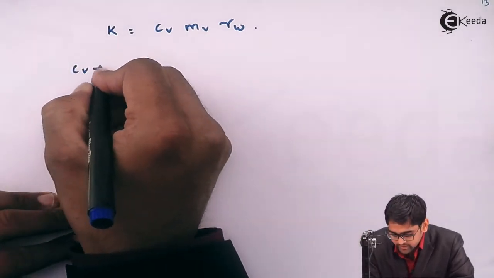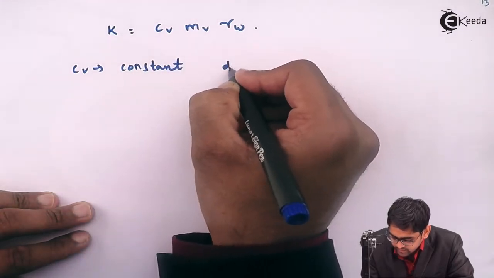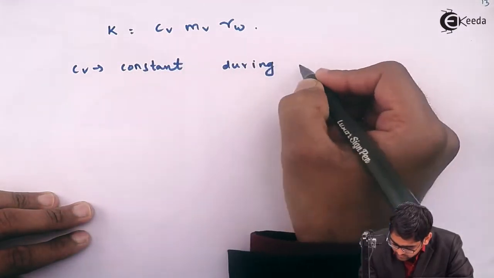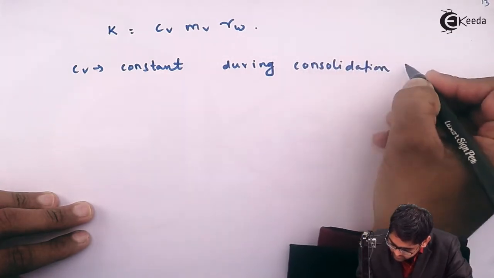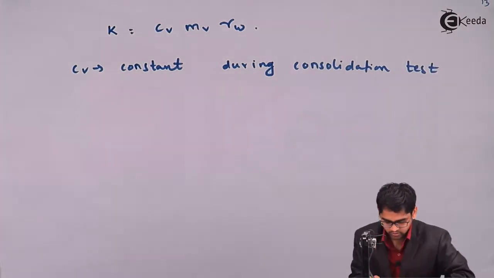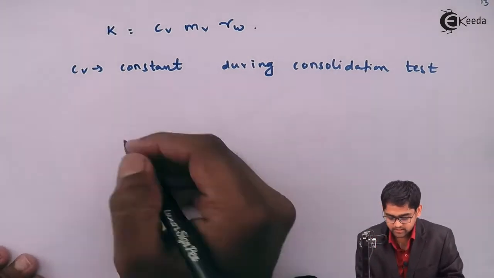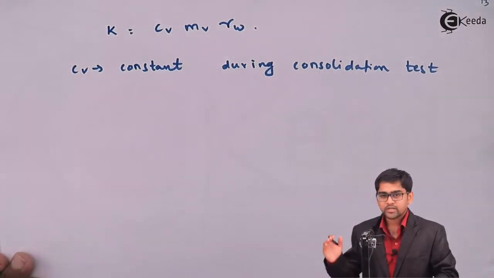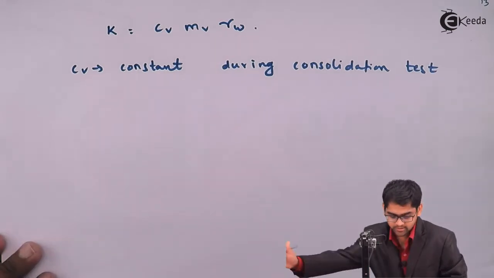So CV will remain a constant during the consolidation test. That's what I would like to highlight, that CV is not changing or varying, increasing or decreasing during this particular consolidation test.